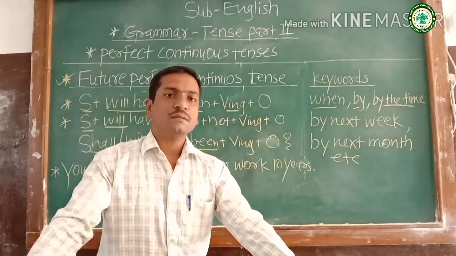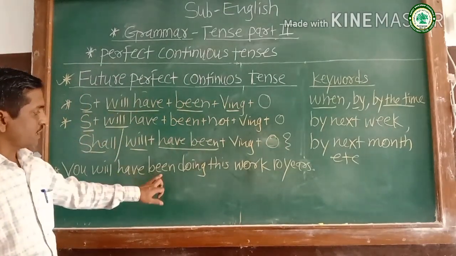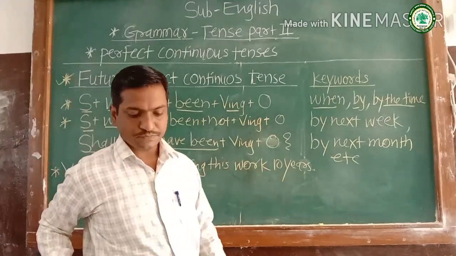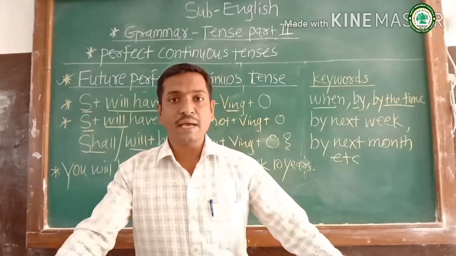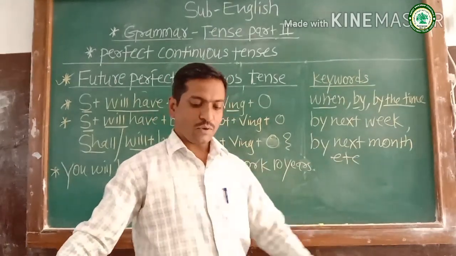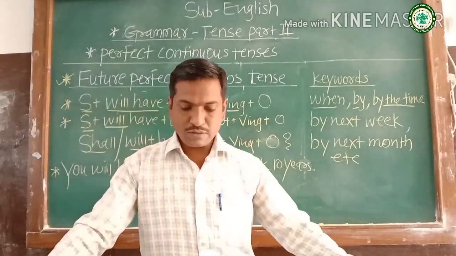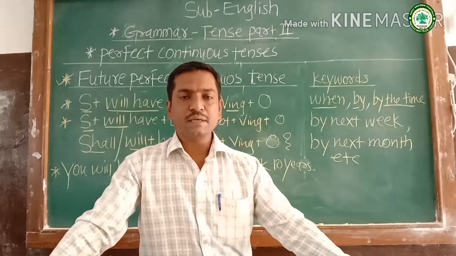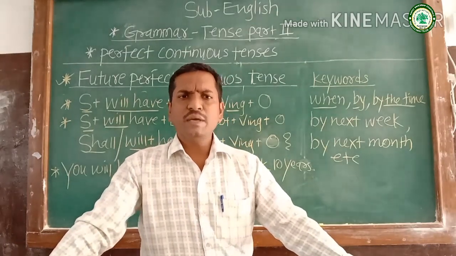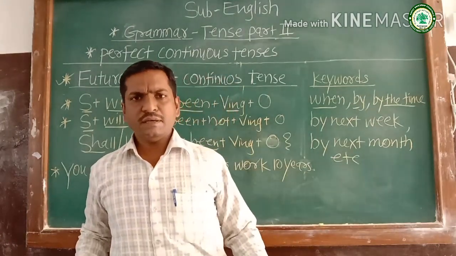For example, there is one example given here. You have been doing this work for 10 years, which means you have already begun, and in the future time, for 10 years you will have been doing this work. Students, in this way we have completed future perfect continuous tense. We use this tense very rarely in our day-to-day life.